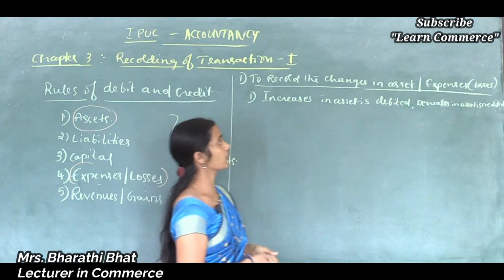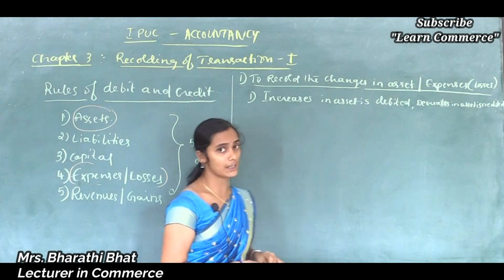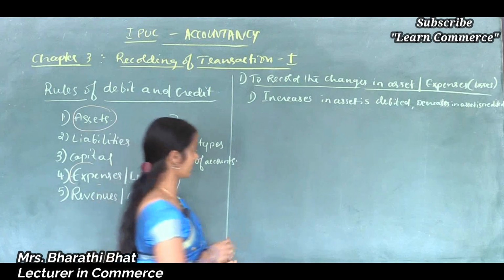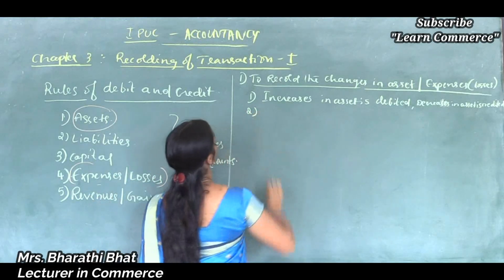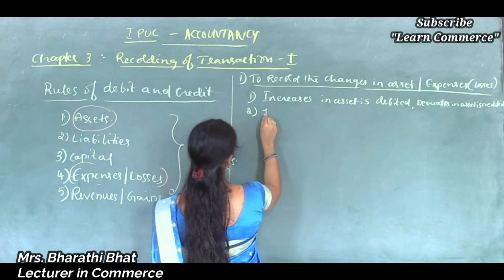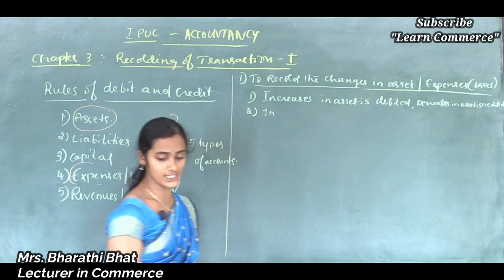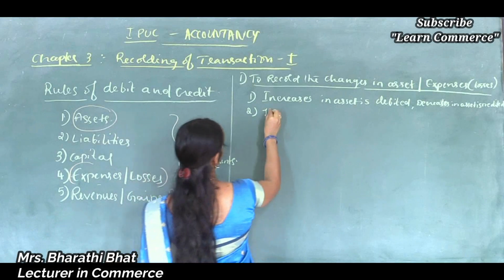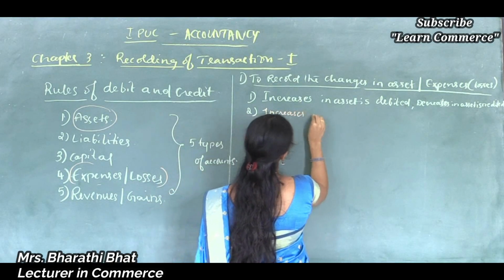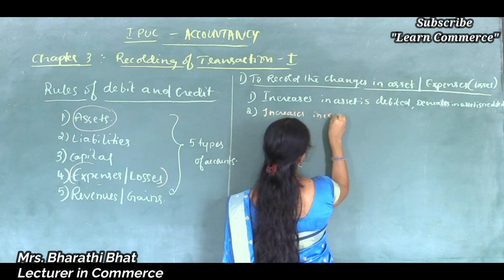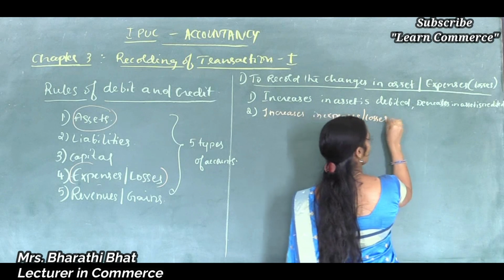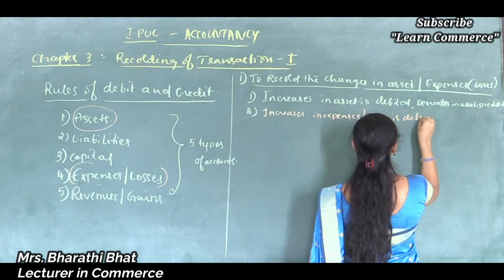First rule: increase in asset is debited, decrease in asset is credited. And the next one is the rule for expenses and losses. So changes in expenses or losses: here, increase in expenses or losses is debited.